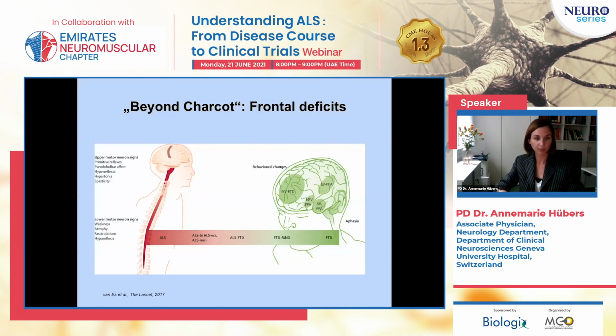And I always show this quite beautiful picture, I think, from Van Es, from a Lancet publication, where you see really the classical ALS or motor neuron disease with upper and lower motor neuron signs on the one end of the spectrum, and the FTD, classical FTD, with all its variants on the other end of the spectrum. But in the middle, there's lots of different variants of motor neuron diseases mixed with frontal deficits.